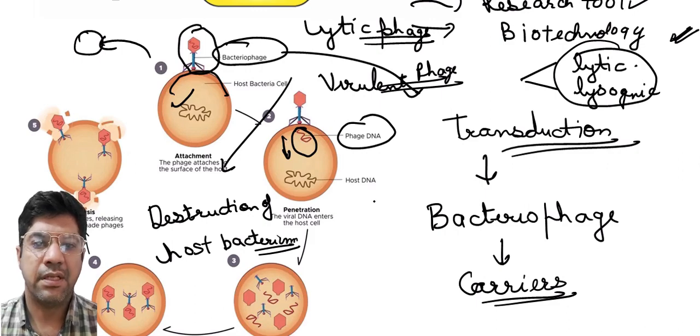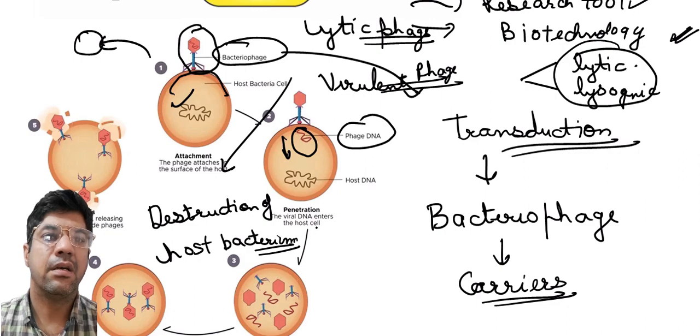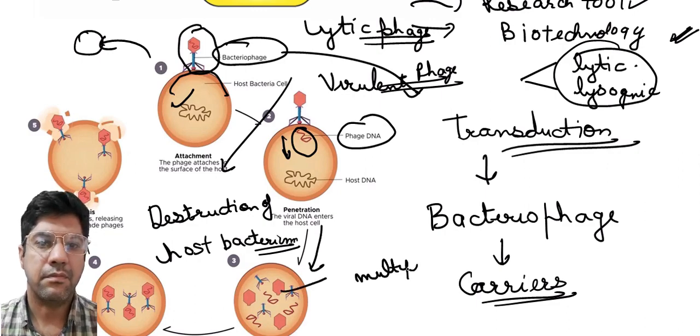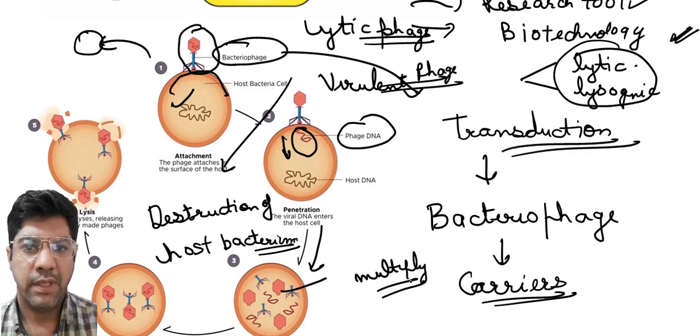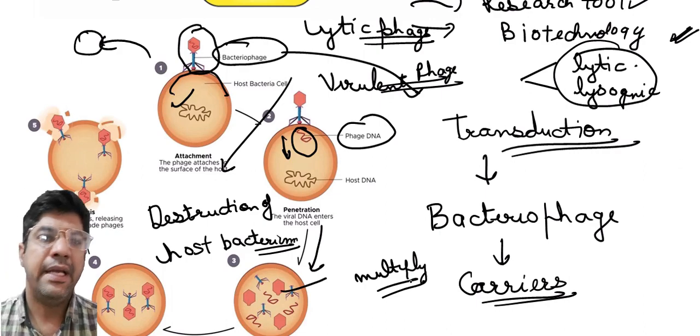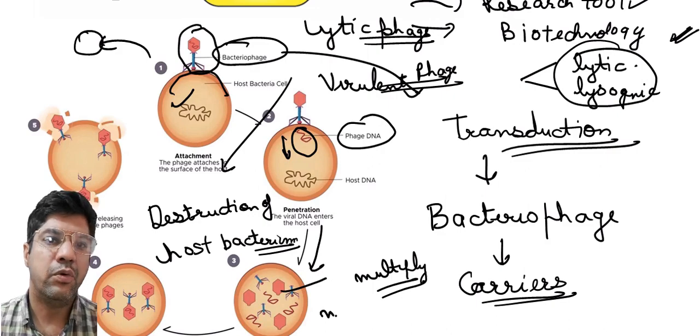Inside the host cell, the phage would multiply. The phage genetic material takes over the host machinery for replication and transcription, leading to synthesis of new viral components.